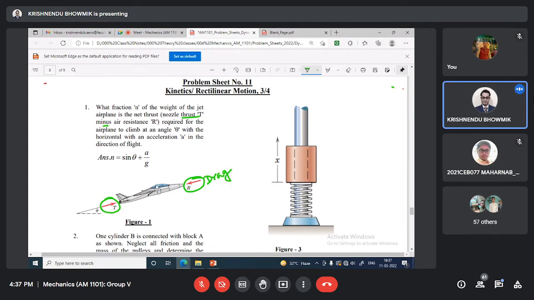There will also be one force perpendicular to the airplane, called lift. So there will be lift and drag, and its self weight W always downward. And it is making angle theta here.